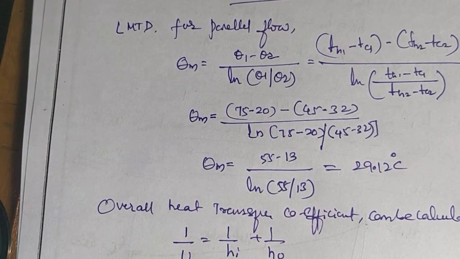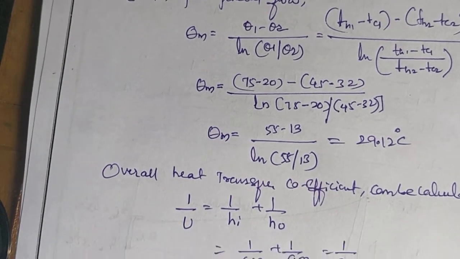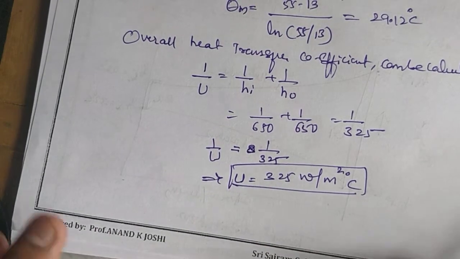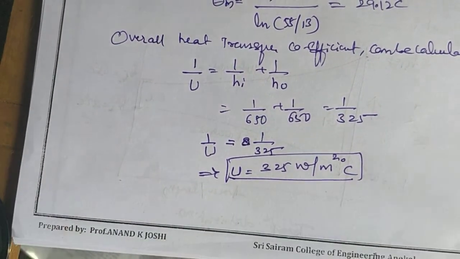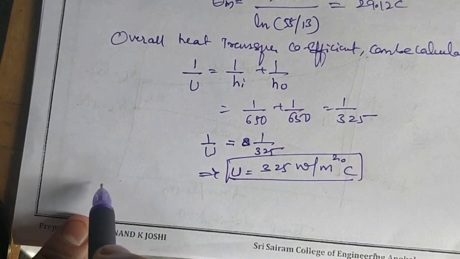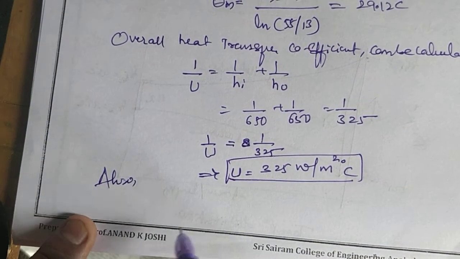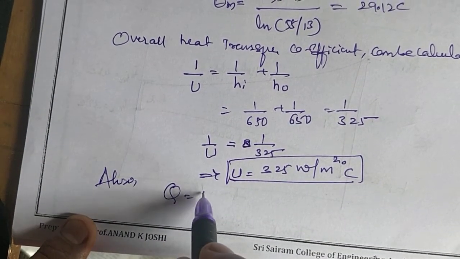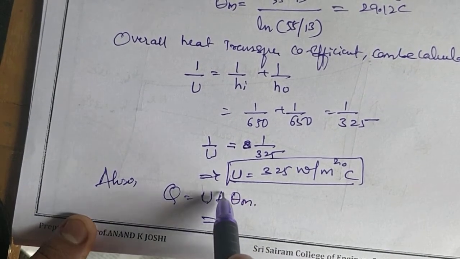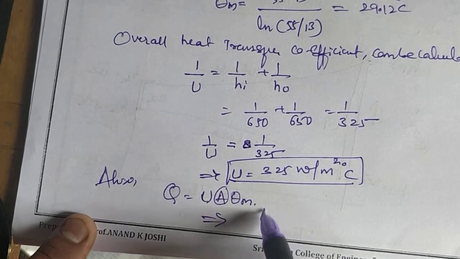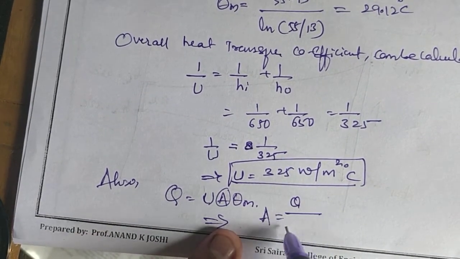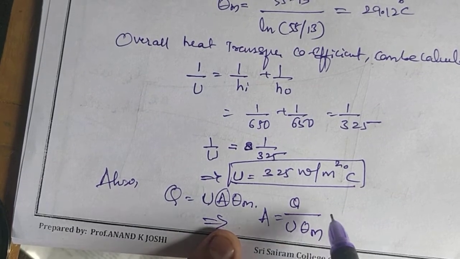Now, once we have this value, we must find the area. Again use the formula: you know that Q is equal to U A theta m. The unknown is A, so A equals Q divided by U theta m.